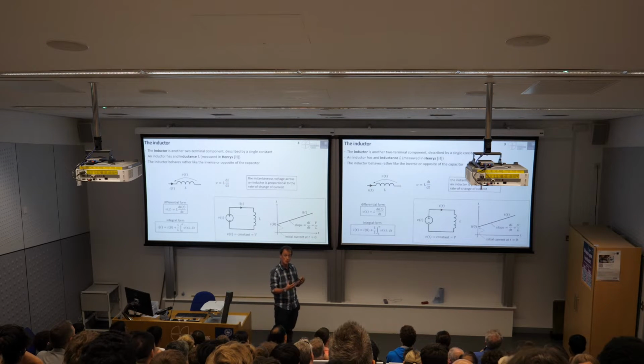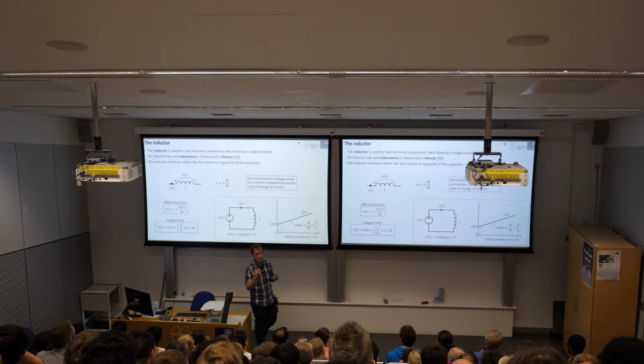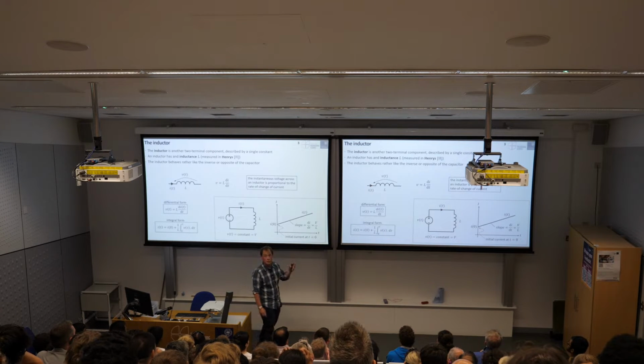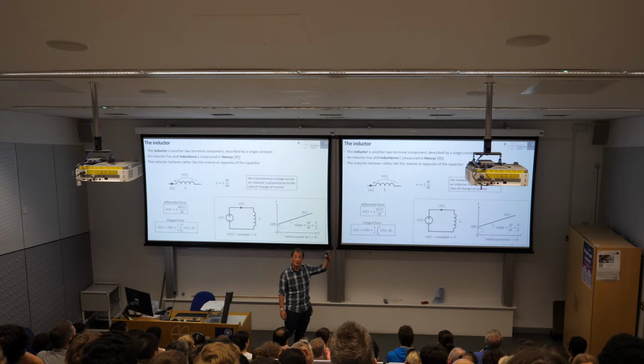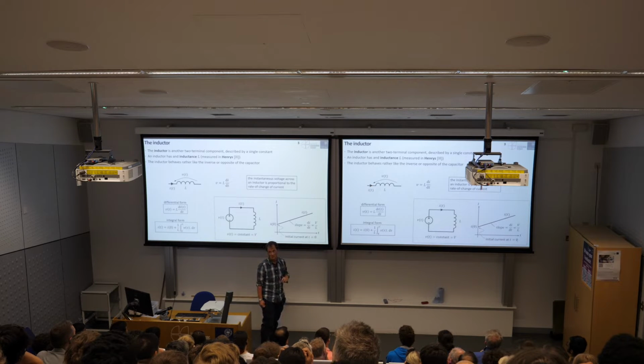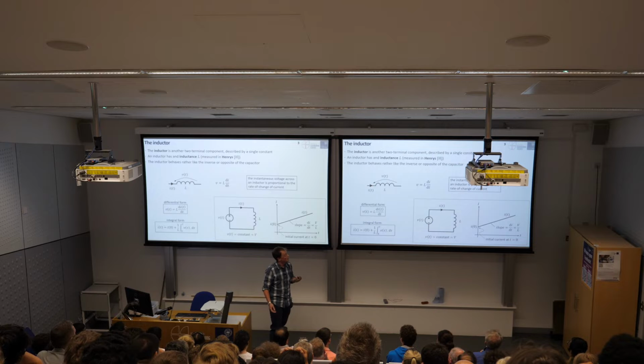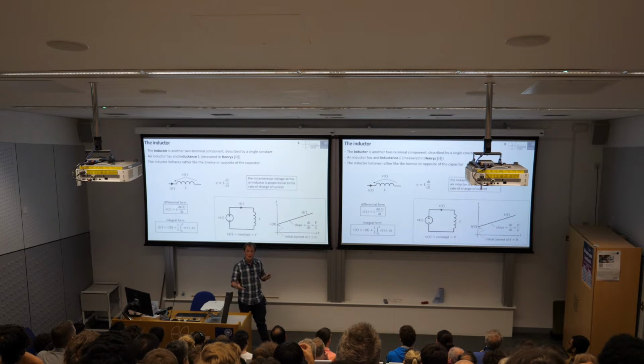That is, we have a constant rate of change. So the current isn't constant, but the rate of change is. And so, of course, we just get a slope ramping up forever and ever until we switch the circuit off. Okay? So this is what an inductor does, and it turns out it's a fundamental component in our component zoo, as I tend to call it, from which all electrical circuits are eventually built. Okay?